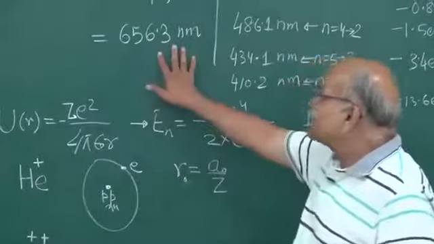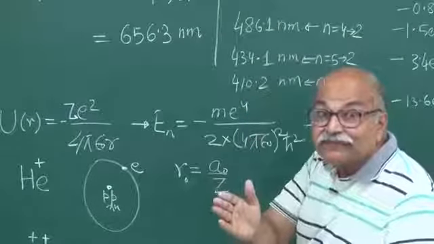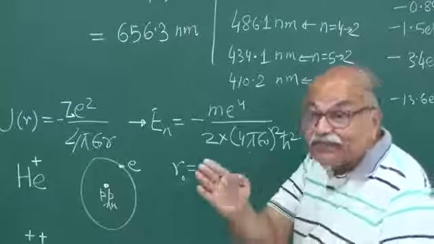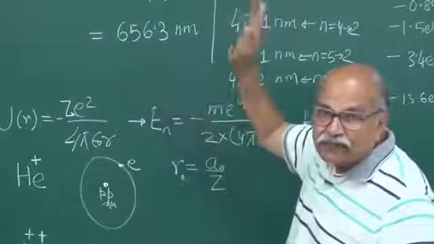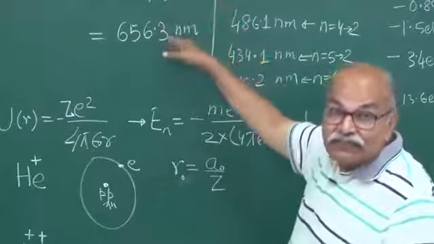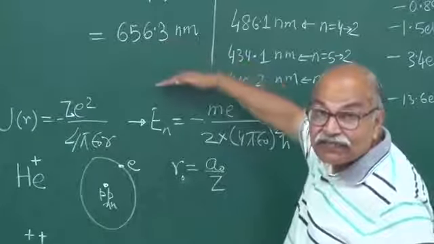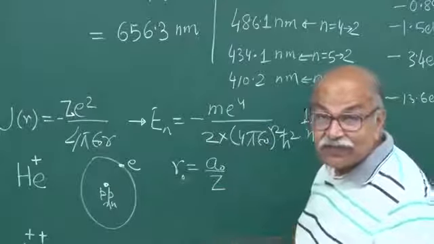This line, 656.3 nanometer, is not one line. Very close to this wavelength you have splitting, several wavelengths very close to it. The difference is something like 0.01 nanometers, but there are discrete, more than one, lines there, and that is not understood by those circular orbits.